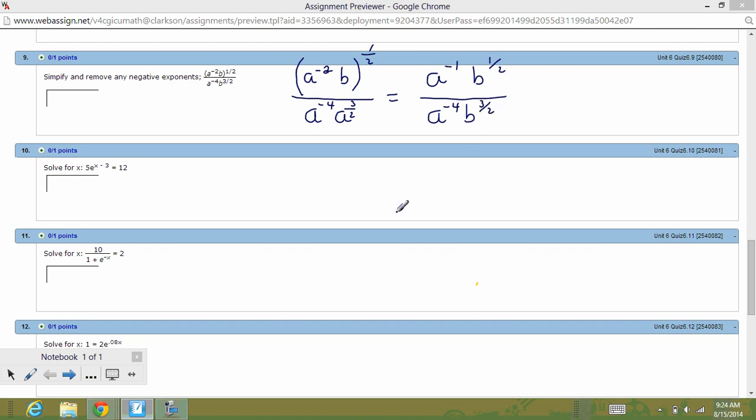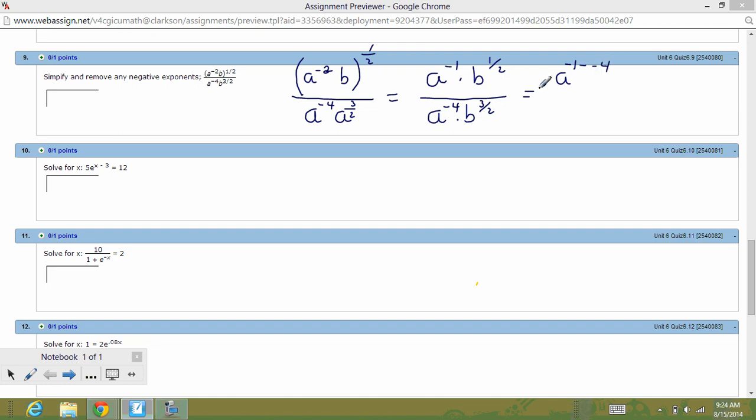Okay. Now, from here, the exponent rules that apply, since you've got multiplied expressions here and a division of expressions with the same base, we can go with subtracting the exponents. In other words, we could use a to the minus 1 minus 4.